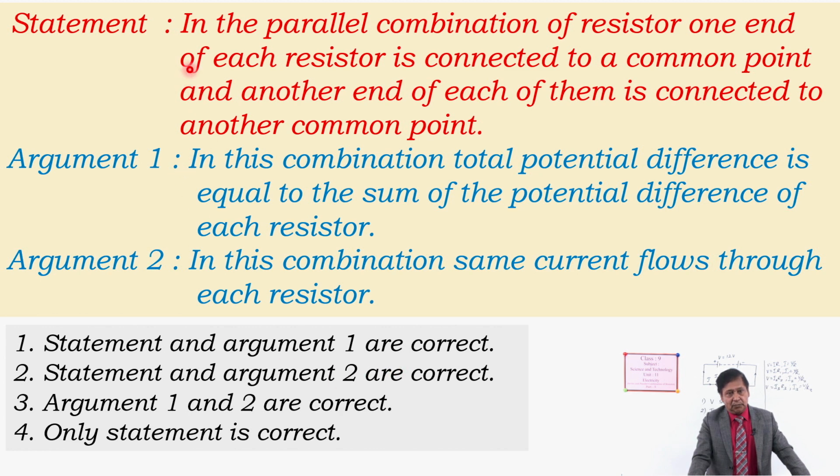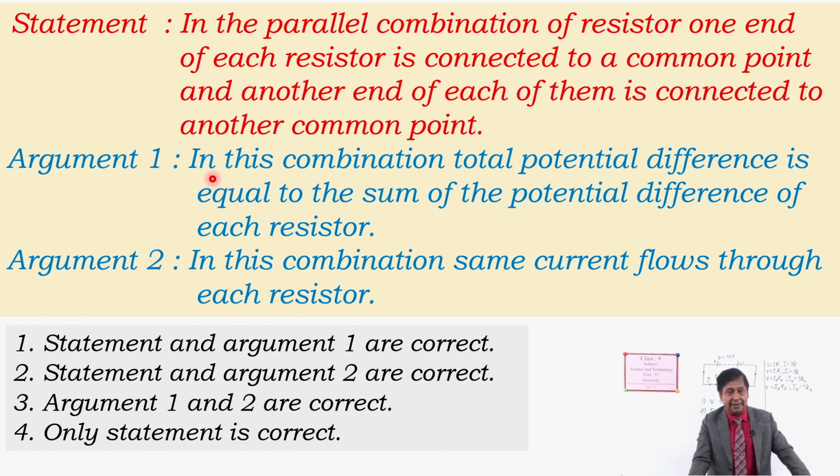Let's see it. In the parallel combination of resistors, one end of each resistor is connected to a common point and the other end of each of them is connected to another common point. This is correct. The statement is correct. Is argument 1 also correct?